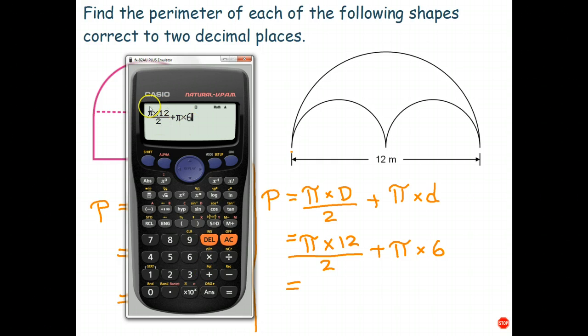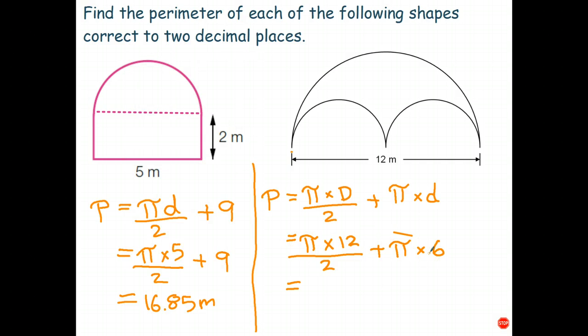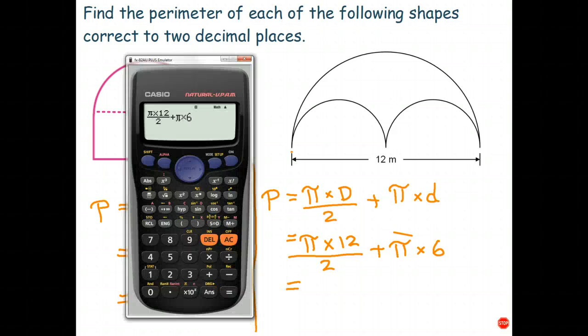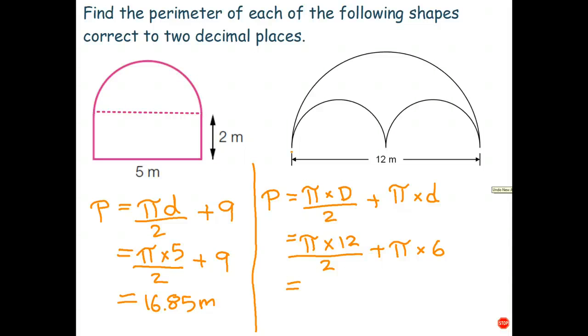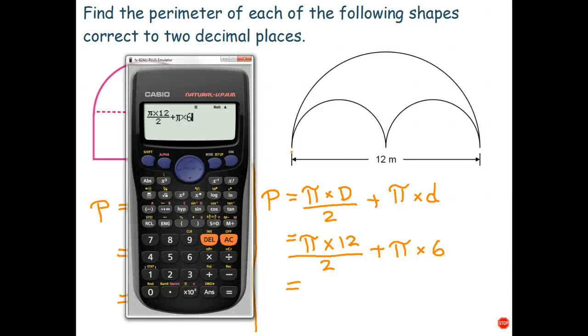Okay, always a good idea when you're using a calculator is to check what you've typed into the calculator matches what you have on the paper. And let me go ahead and check that. So pi times 12 over 2, yep, plus pi times 6. Looks pretty good to me.